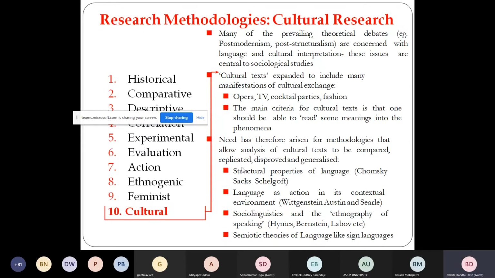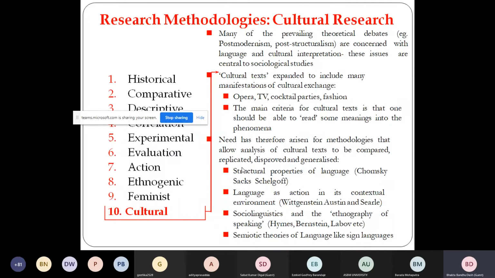The main criterion of a cultural text is that one should be able to read some meaning into the phenomenon. Even your experimental research might use some kind of cultural research. That is possible. With some kind of role playing, you can intervene, and from there you collect information which might be very substantial to justify your concept.